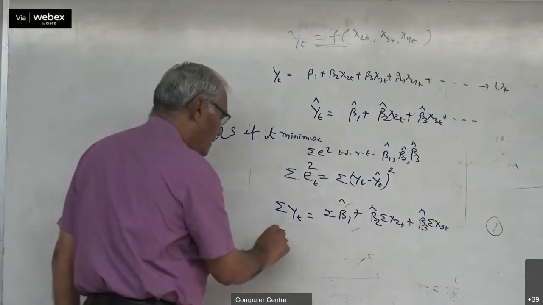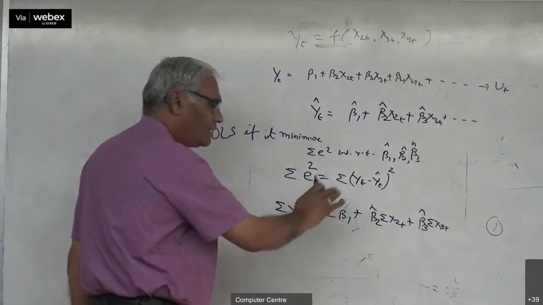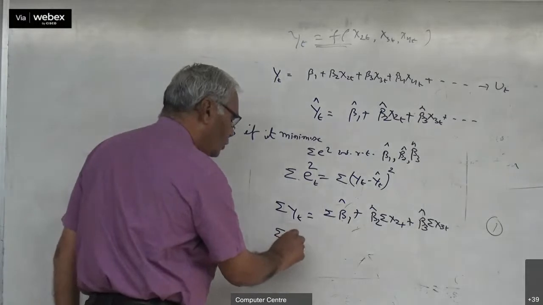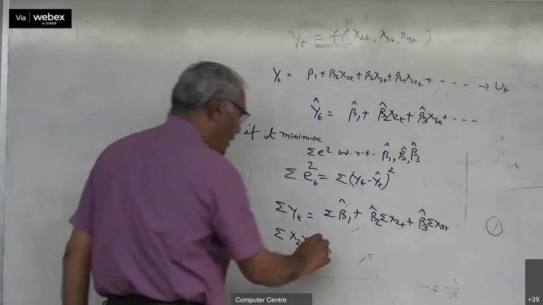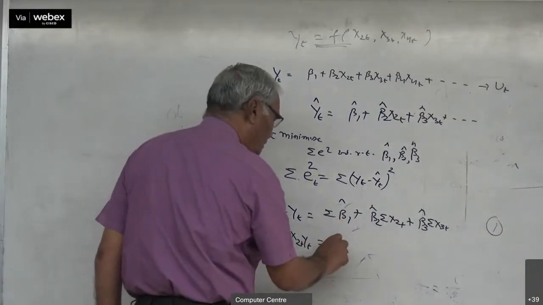Second, multiply throughout the equation by x2t and then put the summation.